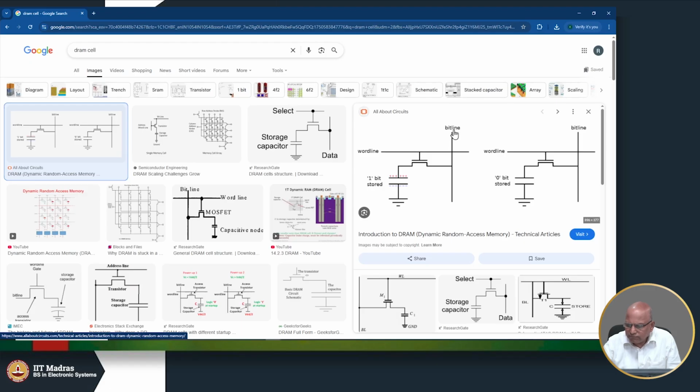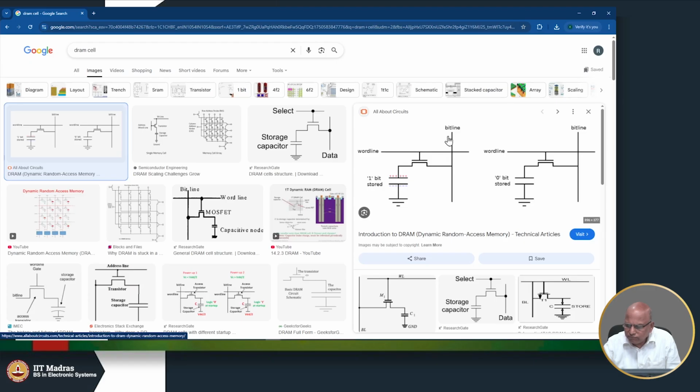And at the same time, if the bit line is high, then this capacitance will get charged, and that is like writing a 1.